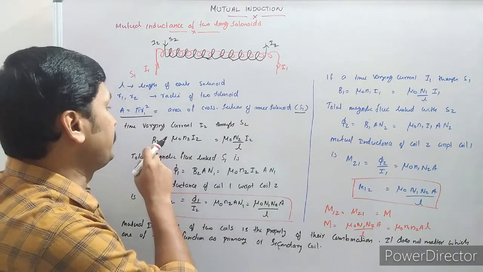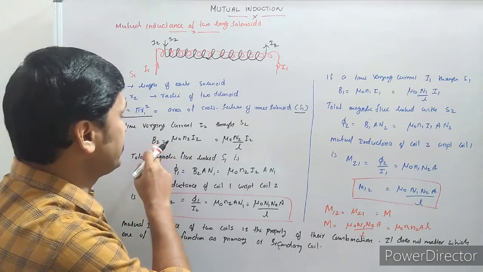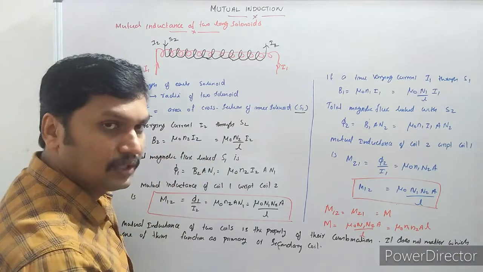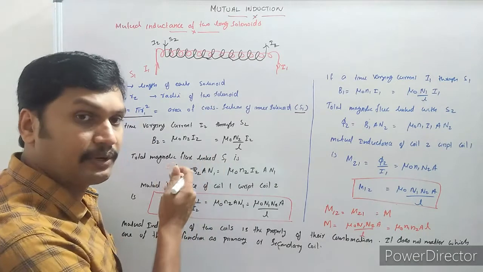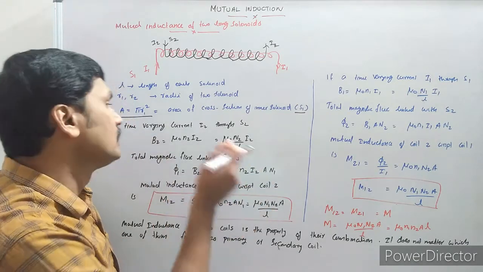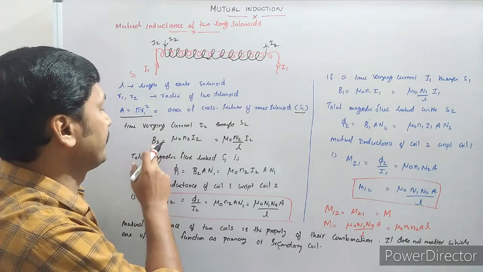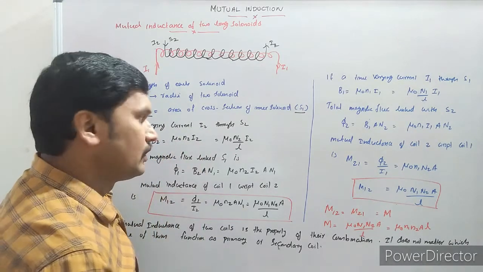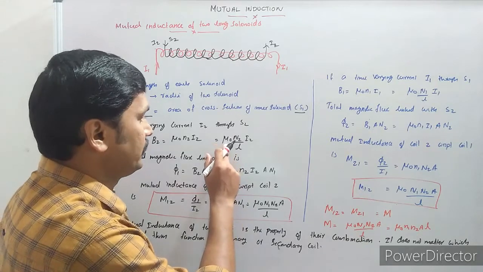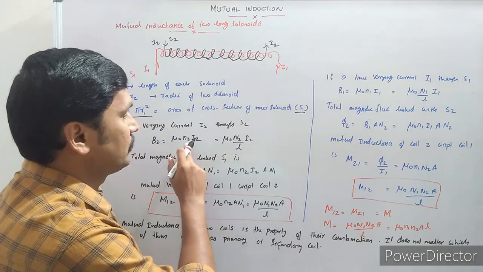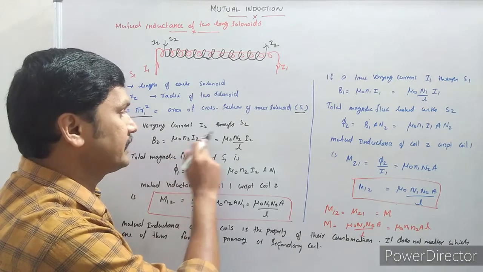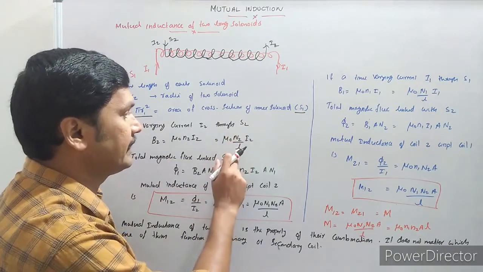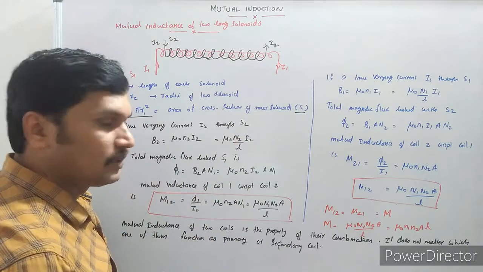The magnetic field produced by the outer solenoid is B2 equal to mu 0 N2 I2. You know the magnetic field produced by a solenoid is mu 0 n i. So the magnetic field produced by the solenoid S2 is mu 0 into N2 into I2. We can rewrite it this way: mu 0 into n2, the turns per unit length, written in terms of capital N, the total number of turns, N2 by L into I2.